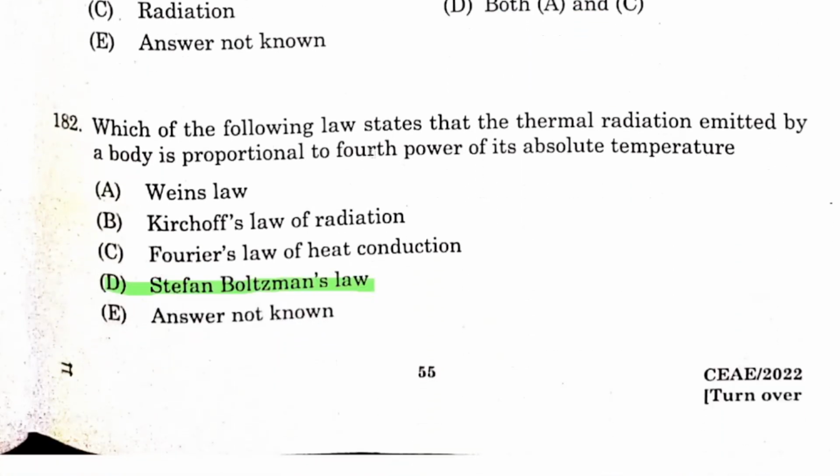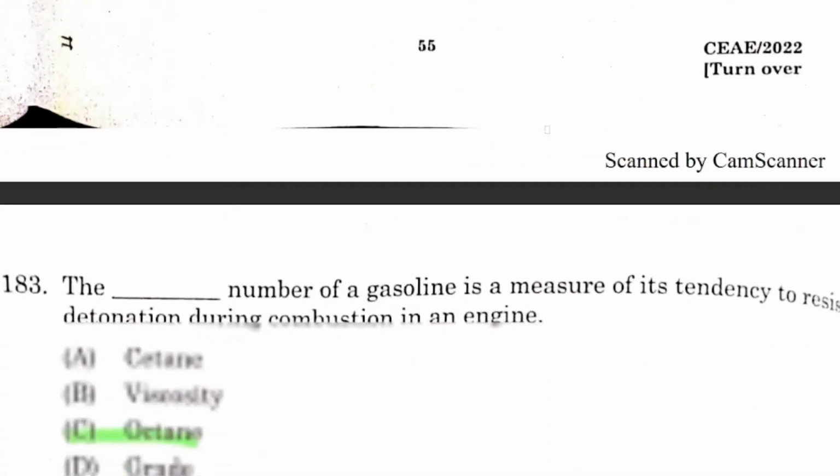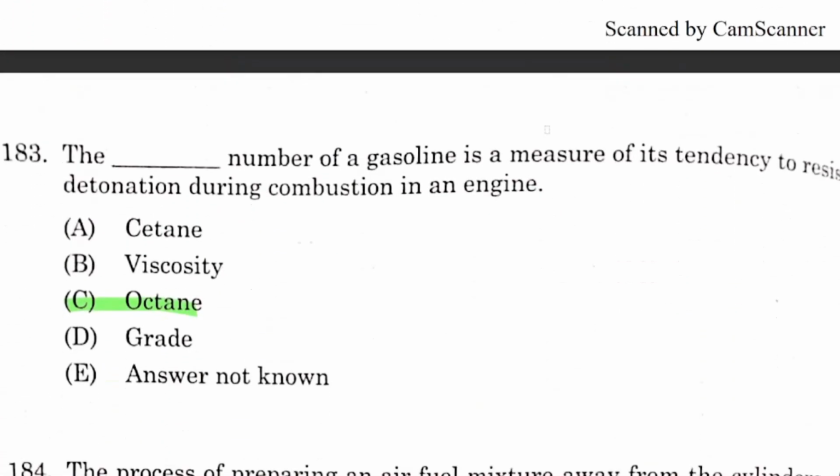Next, which of the following states that the thermal radiation emitted by a body is proportional to the fourth power of the absolute temperature? That is Stefan Boltzmann law. Next, the rating of the gasoline is a measure of its tendency to resist detonation during combustion in an engine, that is octane.